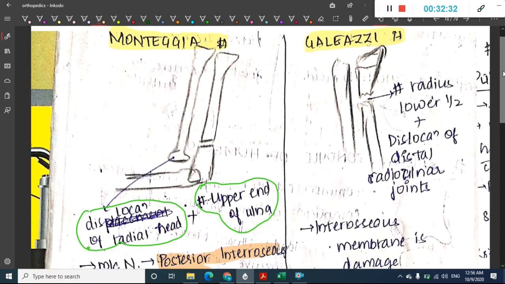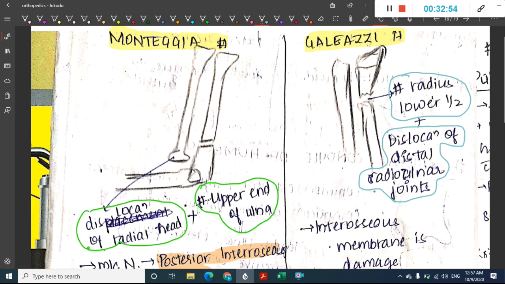Then we have Galeazzi's fracture. It is mainly seen at the wrist joint, where there is a fracture of the lower third of the radius, and also dislocation of the distal radioulnar joint.